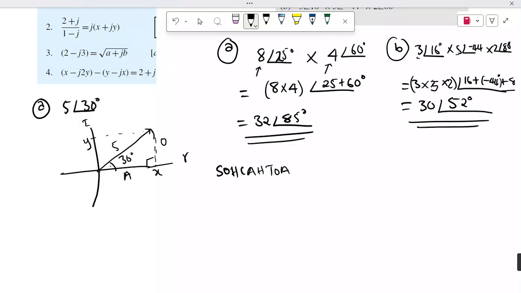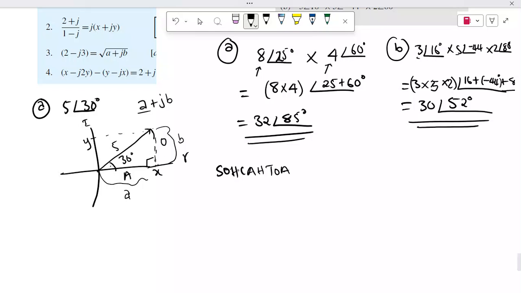We are supposed to find this side and this side. Our a is the side here, and this is our b, the distance along the imaginary axis, because we are taught to express it in this form. So this is the real part, which is this side, and the imaginary part is this.